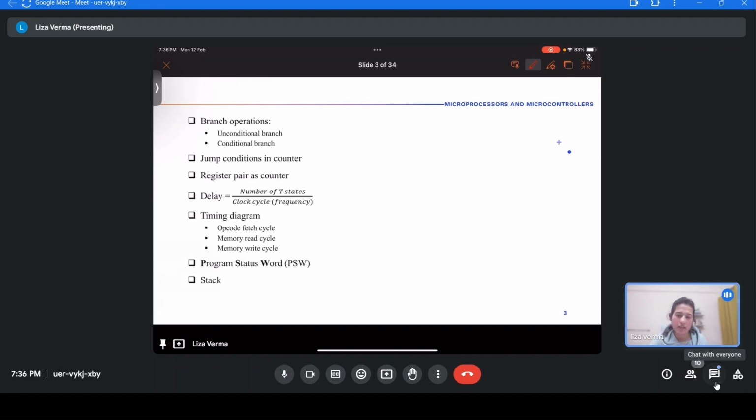Basically, any instruction has two parts, opcode fetch and the execution part, whatever the opcode is about, whether you want to write in memory, read from memory, IO read or IO write, right? So, let me write: any instruction cycle has two parts, fetch cycle and execution cycle.